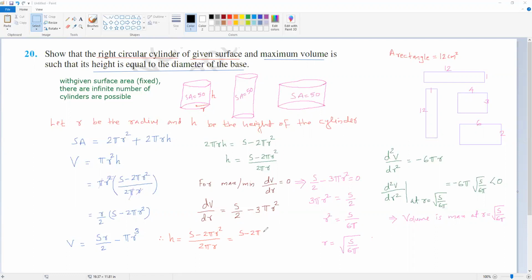So उसका square मतलब it is s divided by 6 pi, square root चला जाएगा, divided by 2 pi r. So 2 pi r is equal to under root s divided by 6 pi.